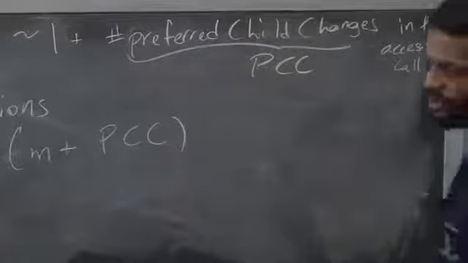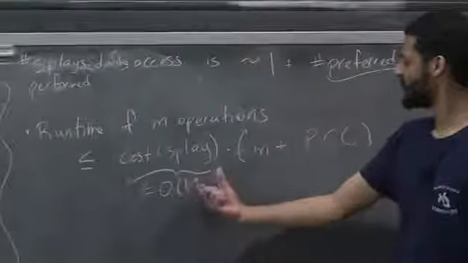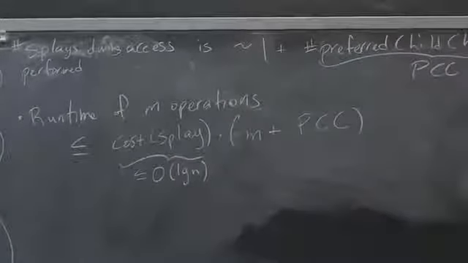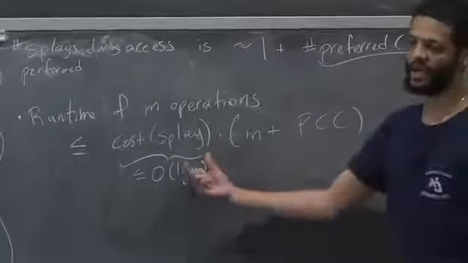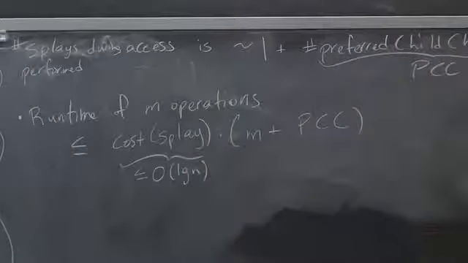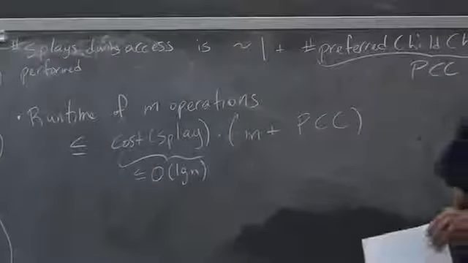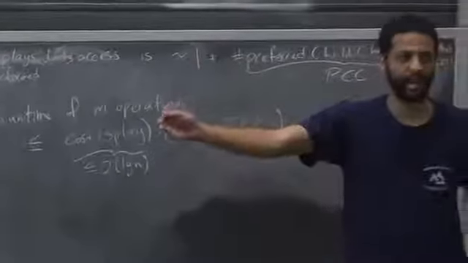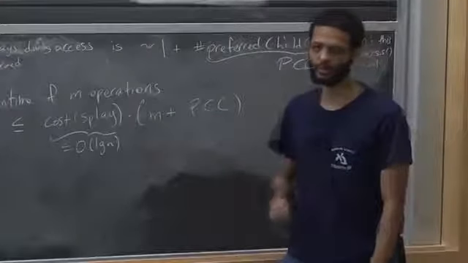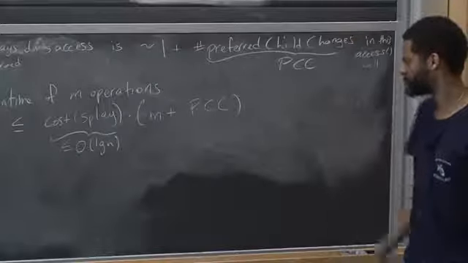So what you're going to see, if you do that pset problem, is that this is really kind of wasteful to say the worst case cost of a splay times the number of preferred child changes. You're going to see that the amortized cost of all splays combined is kind of on this order. Okay. Good.